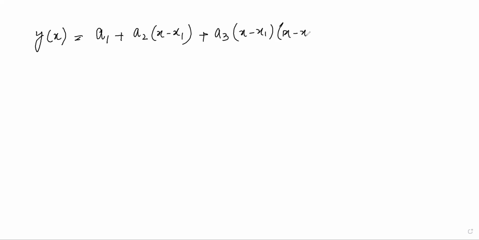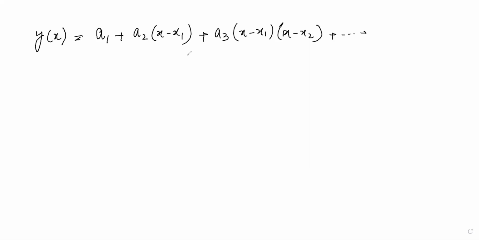Okay. The polynomial that we have is y of x is equal to a1 plus a2 (x minus x1) plus a3 (x minus x1)(x minus x2) plus so on.